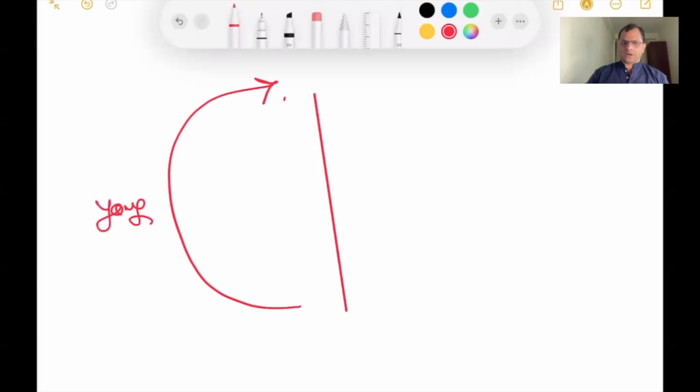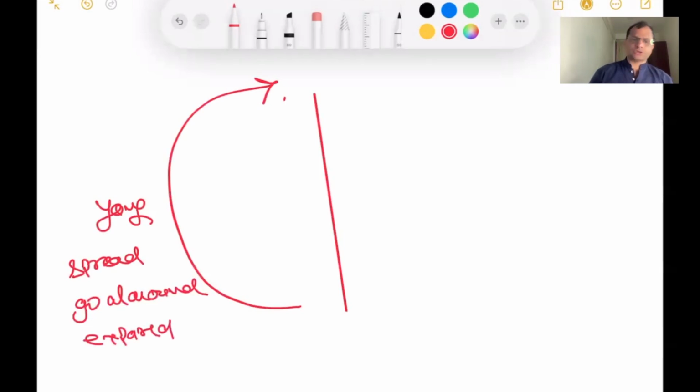The direction of yang is moving upward. Or yang wants to spread. Yang wants to go all around. Yang wants to expand. This is the nature of yang.